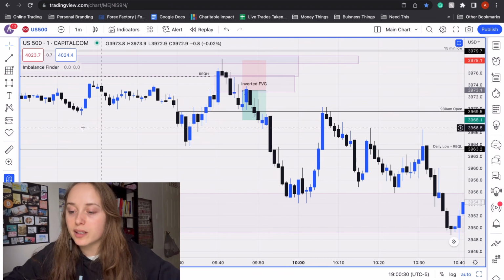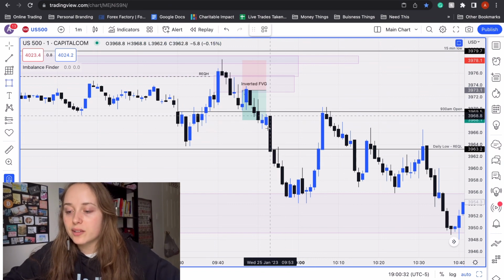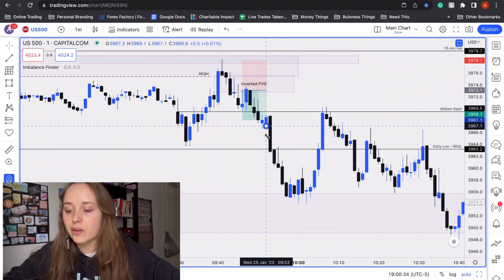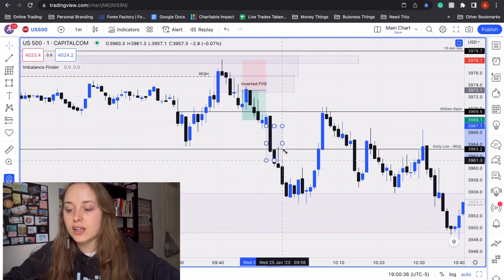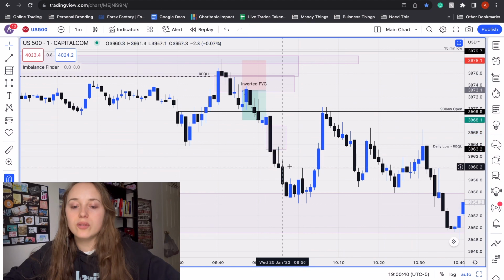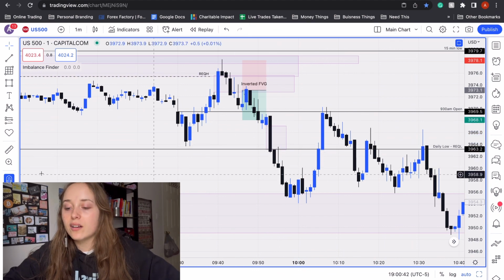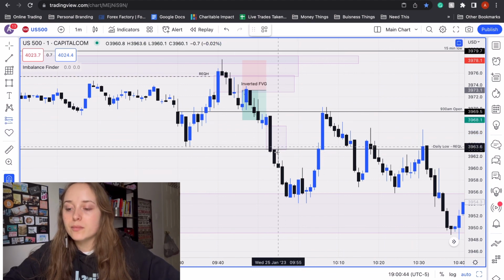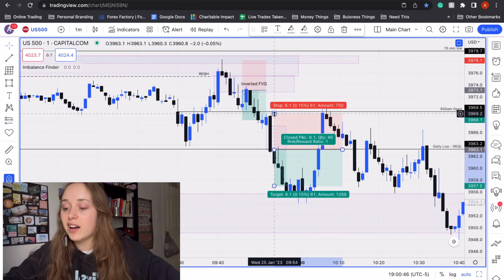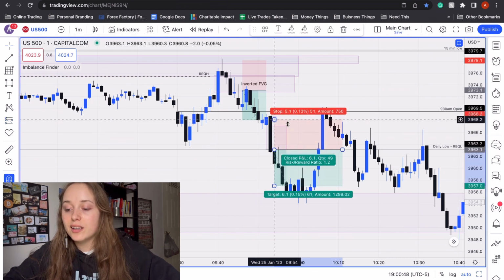This one was a little bit faster. But I did actually end up entering into this one as well. Look at this nice little, really quick fair value gap. And yeah, I got into this trade as well.